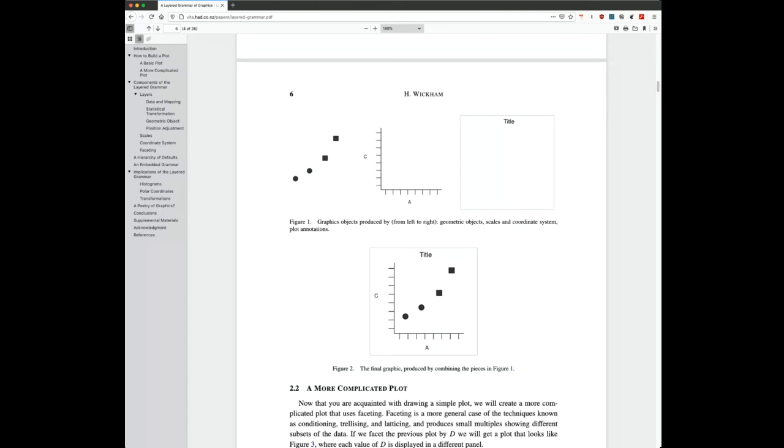The concept in the middle is, if you cannot see my mouse, can you? Okay, that's all right. The concept in the middle is known as the scale.